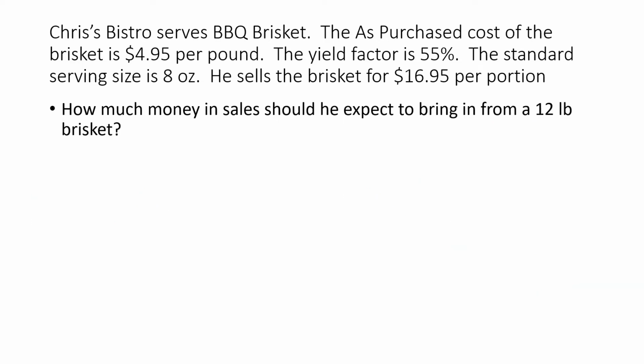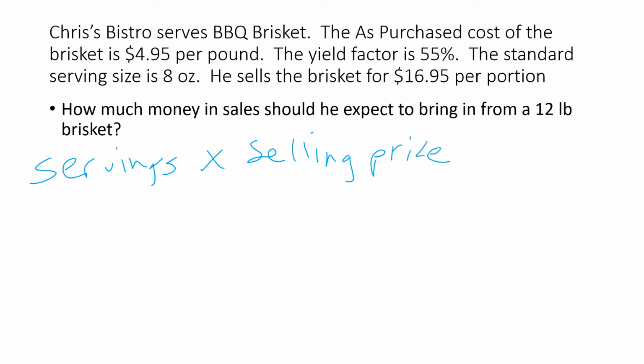How much money in sales should he expect to bring in from that 12-pound brisket? Before numbers, we do our servings times our selling price. That one's super easy, y'all. That equals our total sales.